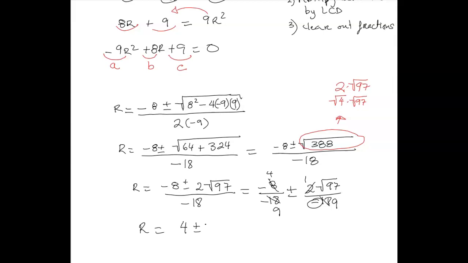I can just put square root of 97, and then everything over 9. And that's your final answer, right? The final answer represents 2 answers: R is equal to 4 minus square root of 97 over 9, and the other one, R is equal to 4 plus square root of 97 over 9. Okay? So that's it for this one.